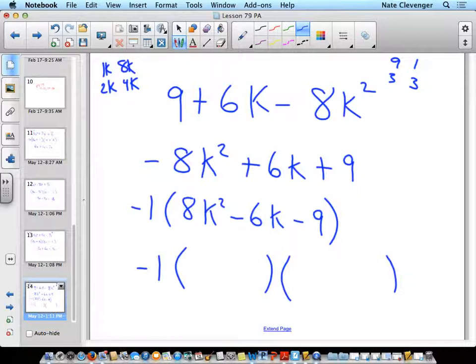Let's see what happens with that. So 2k, 4k, and 3 and 3. Signs are going to be different, but the bigger value needs to be negative. What's going to give me a bigger value here? The outsides or the insides?